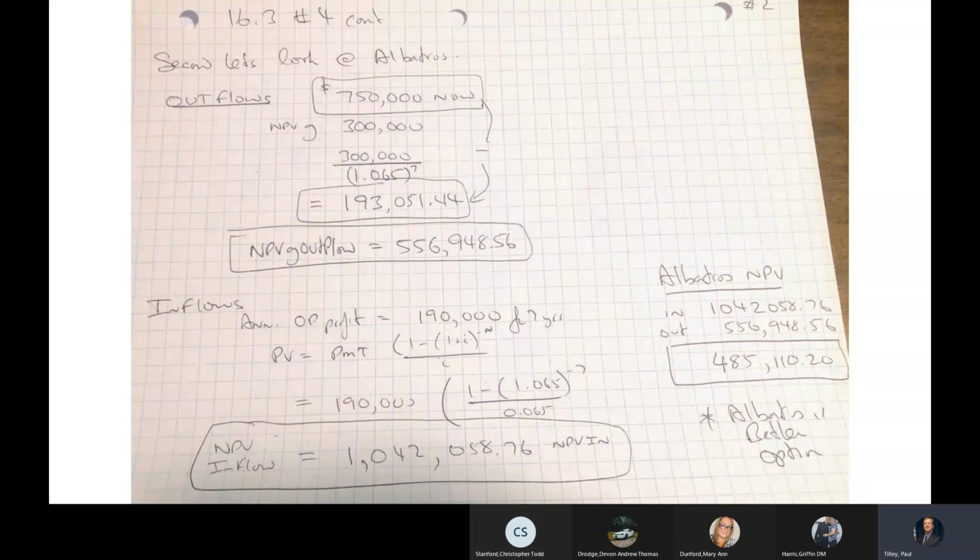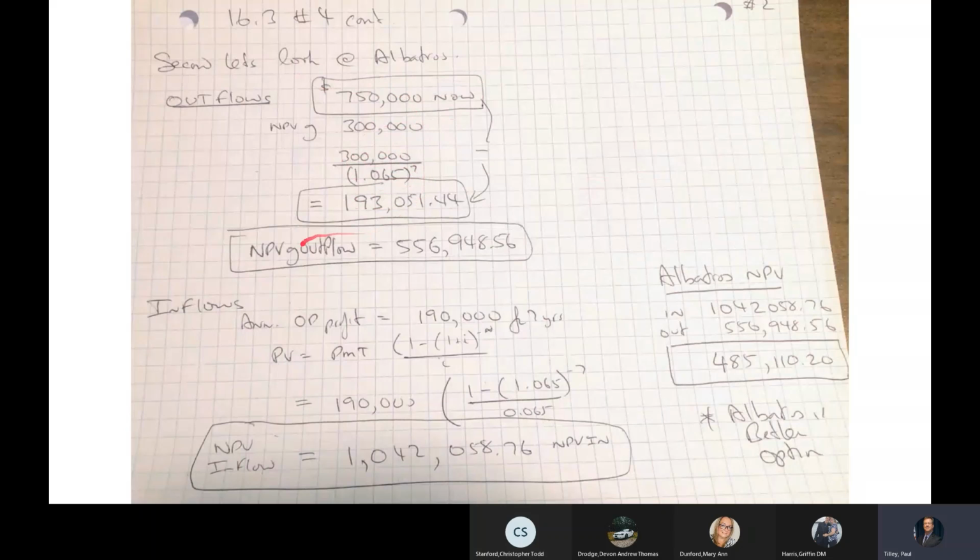Let's take a look at the Albatross. So the outflows on the Albatross was $750,000 now, and we're going to get $300,000 back in 7 years. So we calculate the present value of $300,000 in 7 years is $193,000.